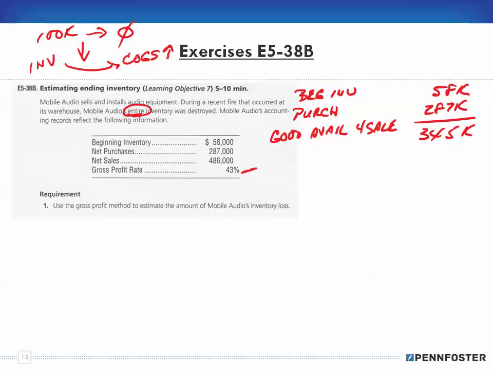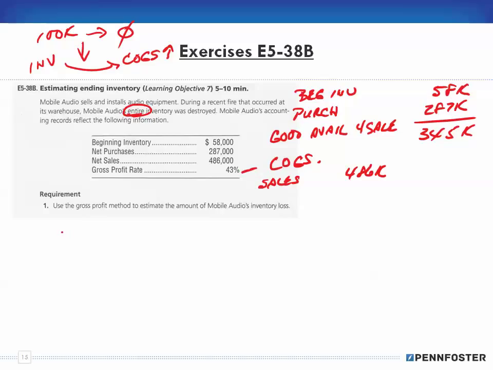Now, that's available for sale. Now we have to deal with our cost of goods sold. For our cost of goods sold, our net sales are 486,000, and then we have to take our estimated gross profit, so we have a rate of 43%.